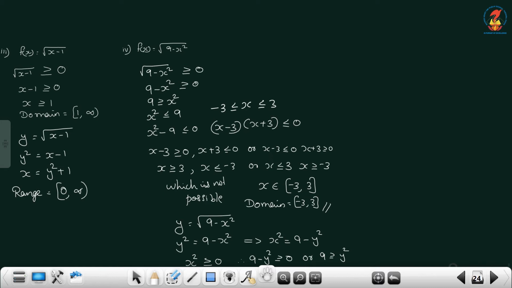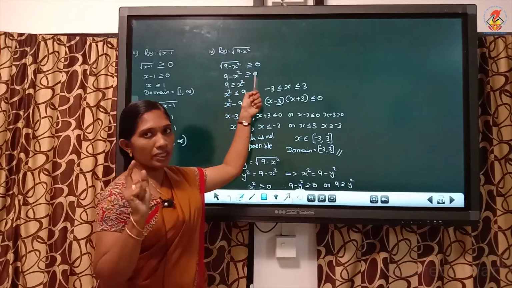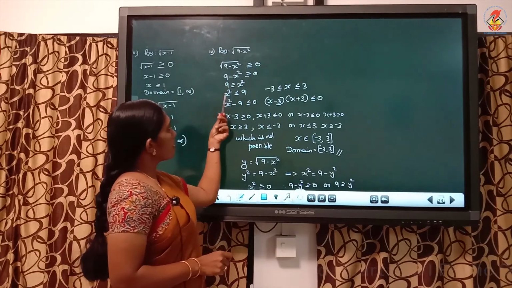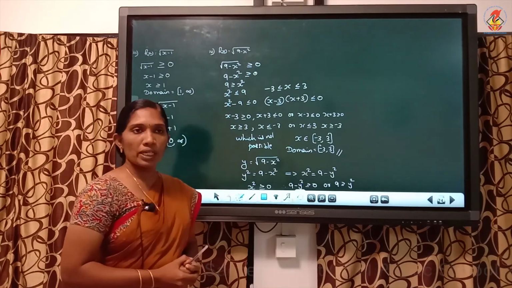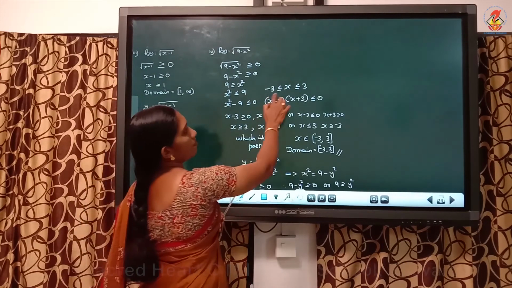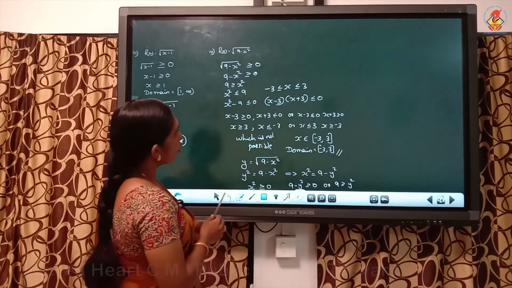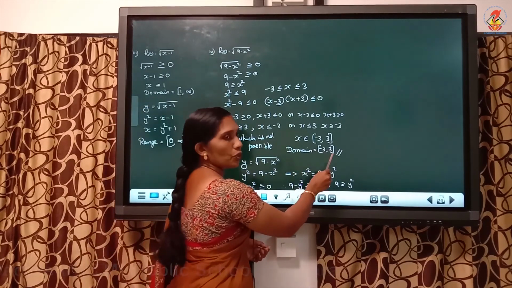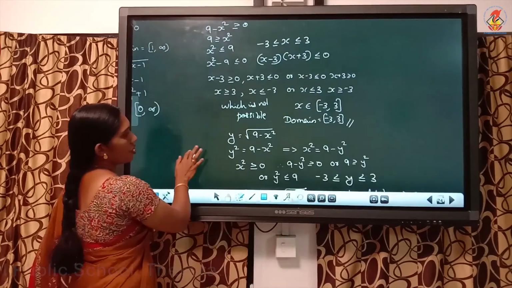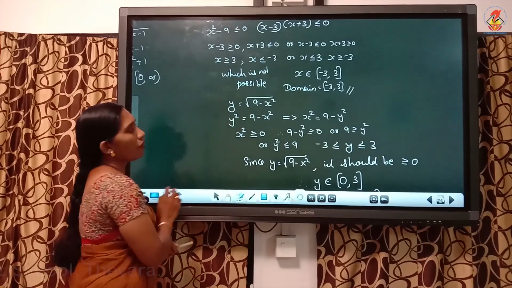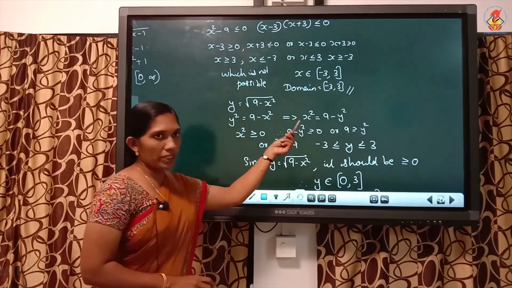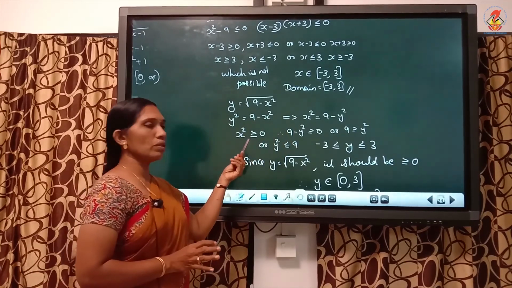Root of 9 minus x square: for finding the domain you have to put it greater than or equal to 0. After these two steps you will get x square less than or equal to 9, so you can write x is in the range minus 3 to 3. So the domain is minus 3 to 3, closed interval. Then for finding the range, put y is equal to root of 9 minus x square, square it, and find x square, which is always greater than or equal to 0.